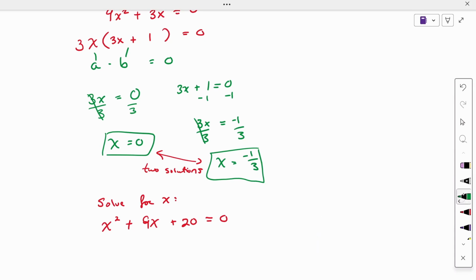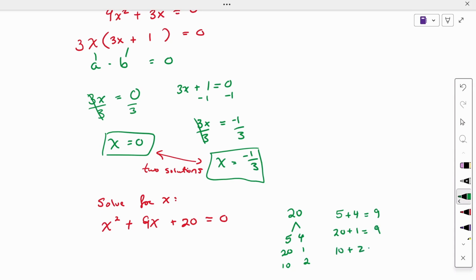And we know from chapter 6.2, 6.3 that to do guess and check, we just factor the last term. 20 is the same thing as 5 times 4, 20 times 1, or 10 times 2. That all multiplies together to give us 20. Now we check to see which of these factors adds to the middle term, in this instance 9. Does 5 plus 4 equal 9? Does 20 plus 1 equal 9?